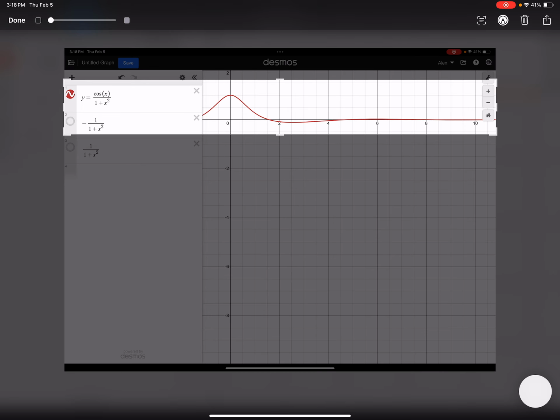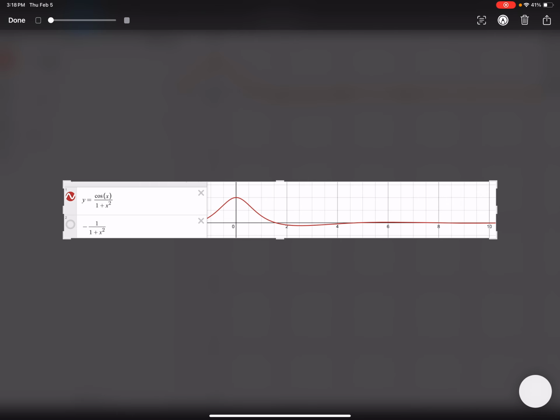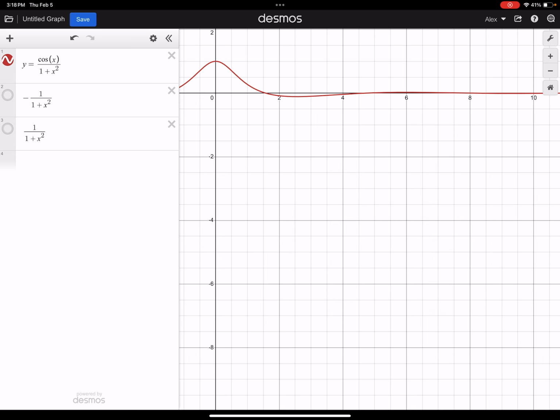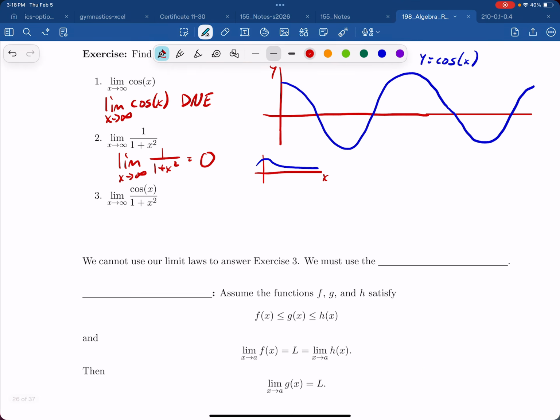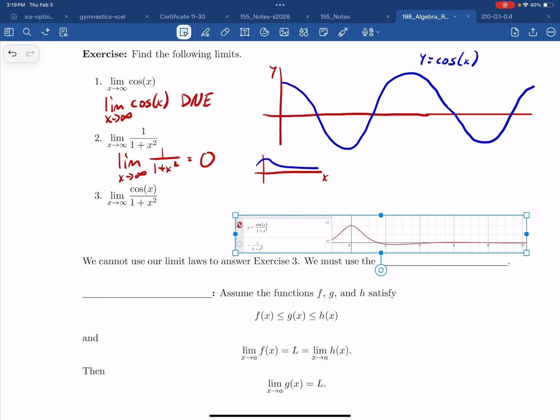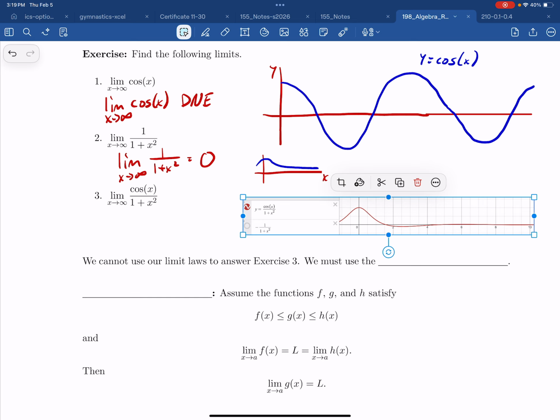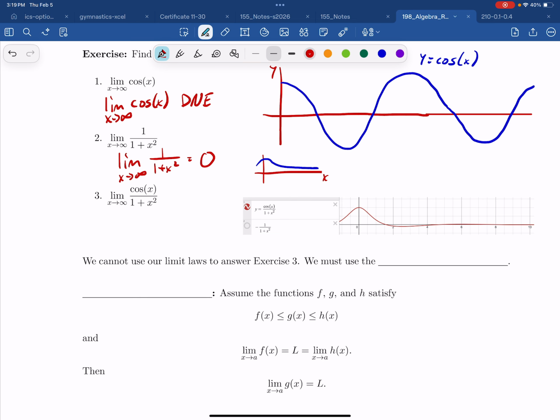I'm not totally sure why, but I guess somehow the 1 over x squared part wins out over the cosine part. Not really a sufficient explanation for proving that something is true, but it does give us a good intuitive answer. So I'll write that the limit as x approaches infinity of cosine of x over 1 plus x squared equals 0, but I'm going to put a question mark because we're not really sure why.